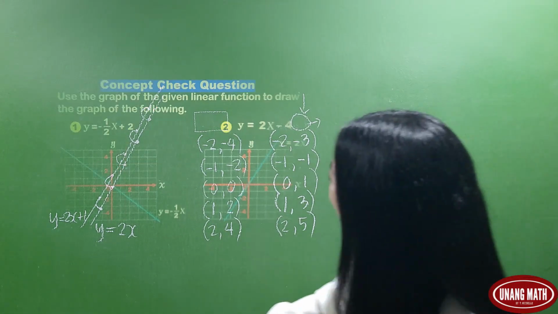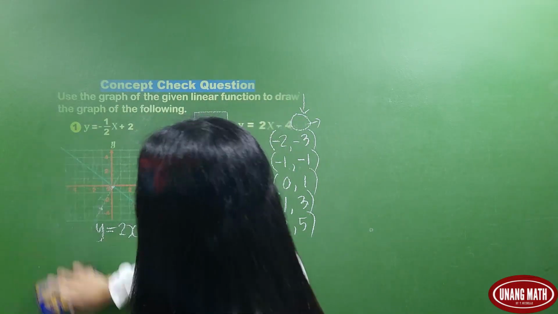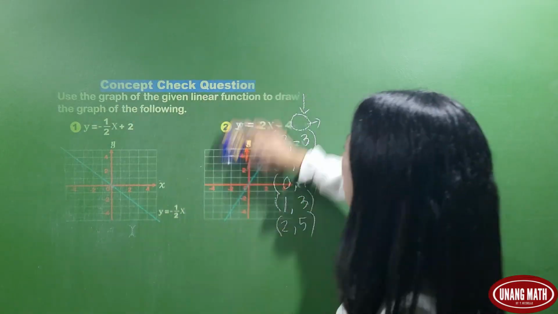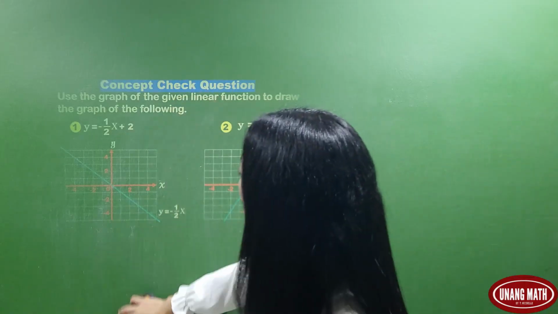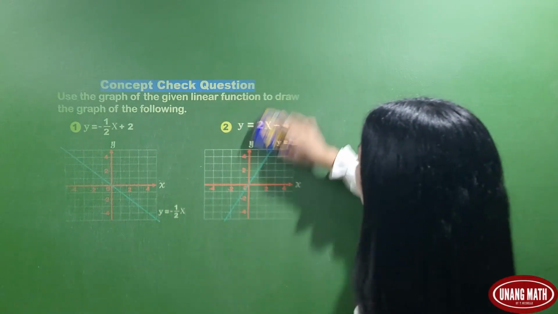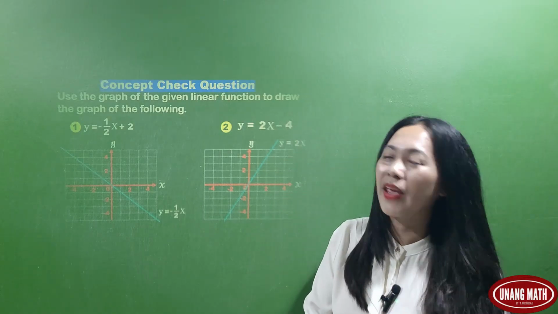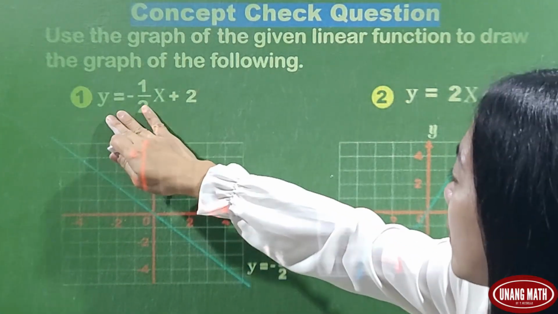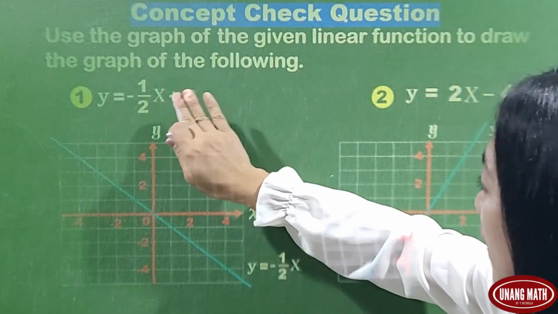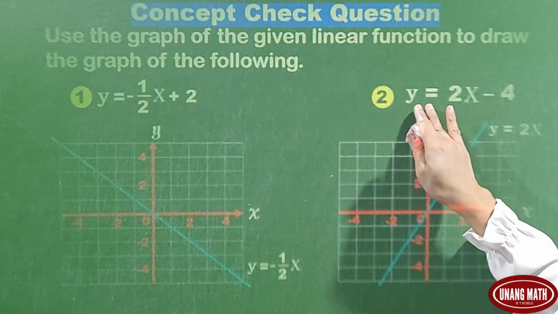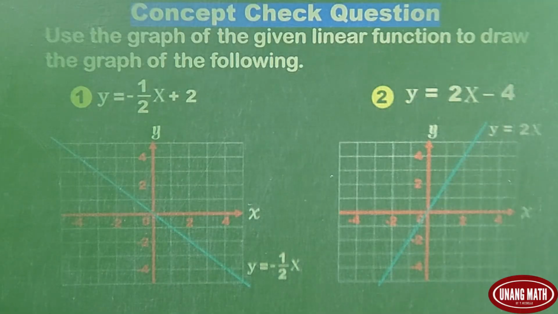Okay, this time, let's also take a look at these concept check questions. We will use the graph of the given linear function to draw the graph of the following. Number 1 is y is equal to -1/2 x plus 2. Number 2 is y is equal to 2x minus 4.